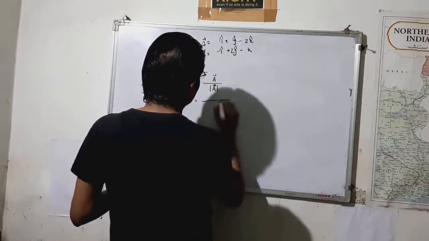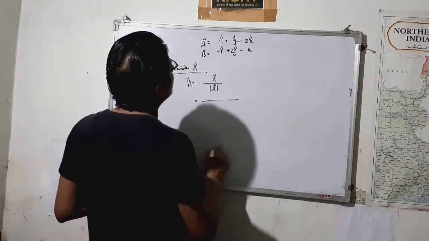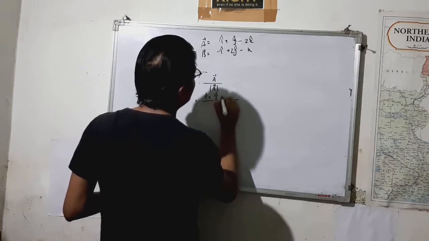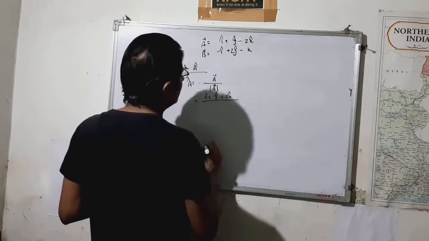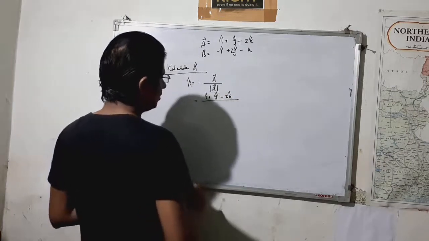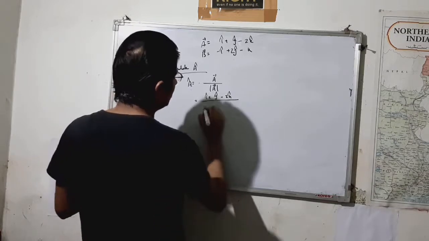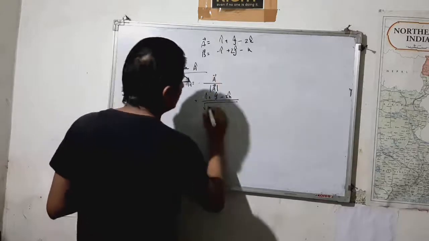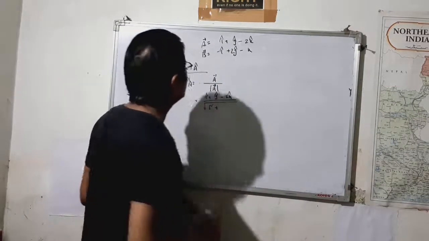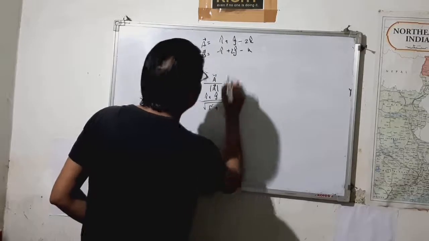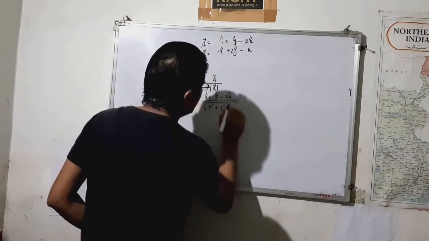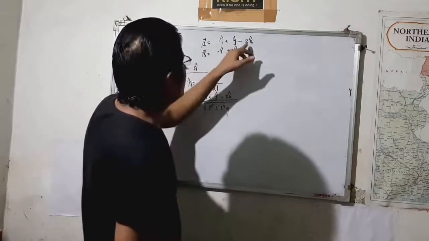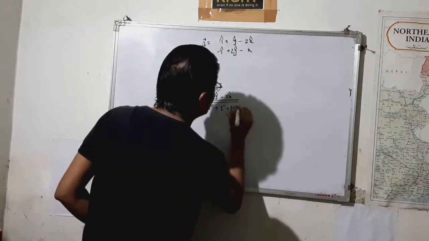Simply we write here, in place of A, i plus j minus 2k, and here magnitude of A is equal to square root of ax square plus ay square plus az square. So ax square is 1 square, plus ay square, again 1 square, plus az equal to minus 2 whole square.